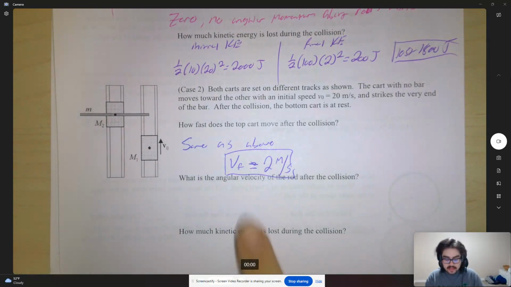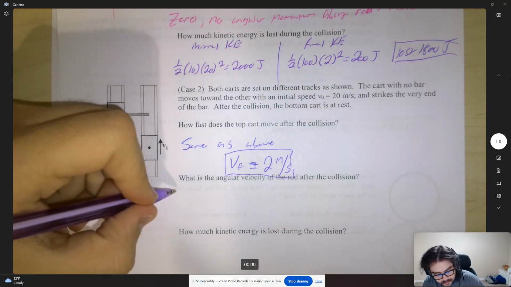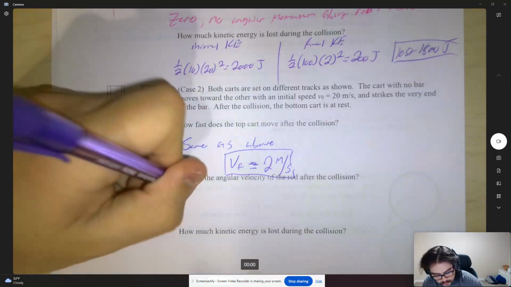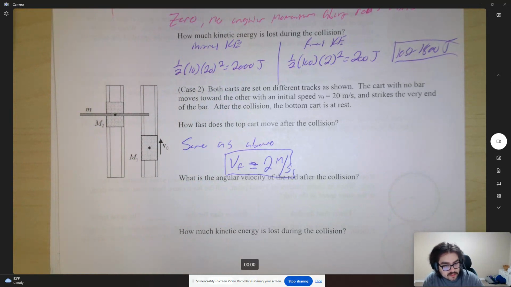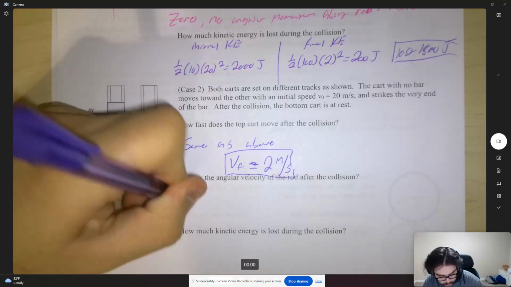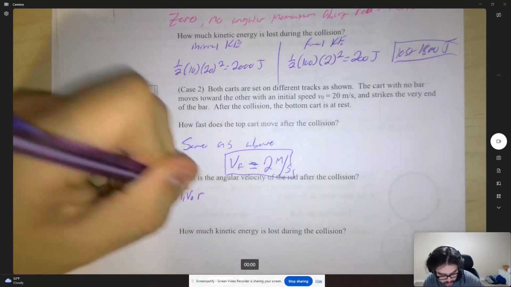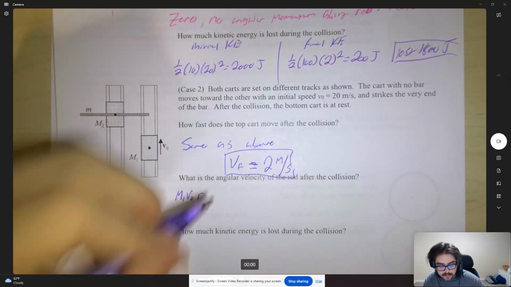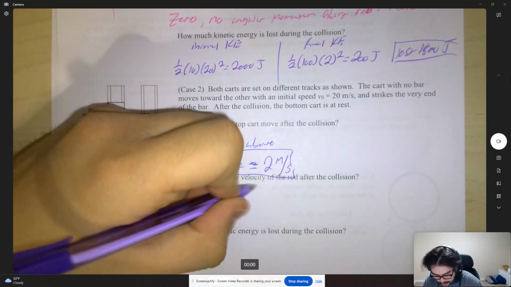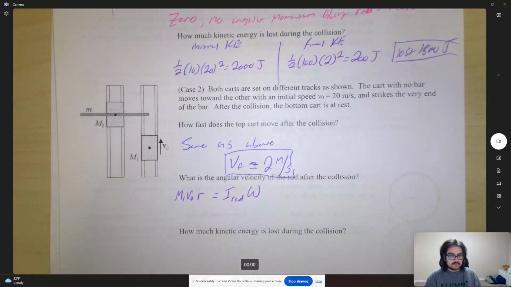Angular velocity, again, we can figure this out with conservation of momentum, because we are going from translational momentum to angular. So I'm taking conservation of angular momentum: m1 v naught r equals I of the rod times omega.